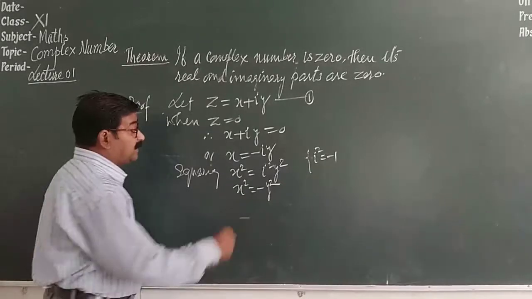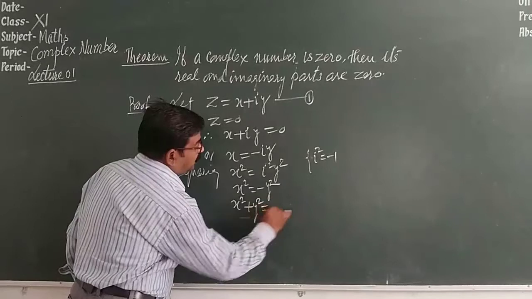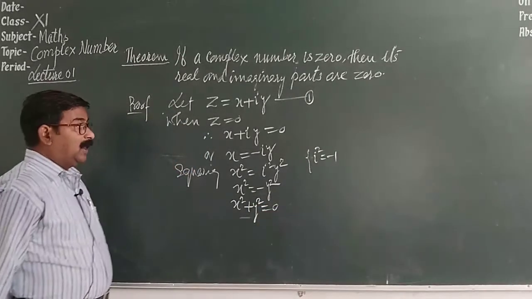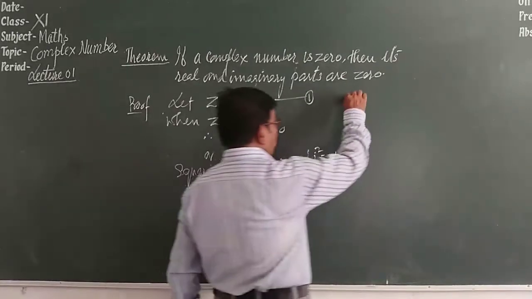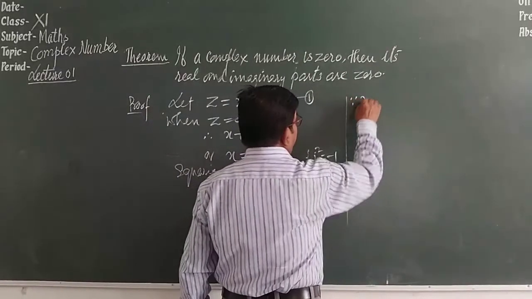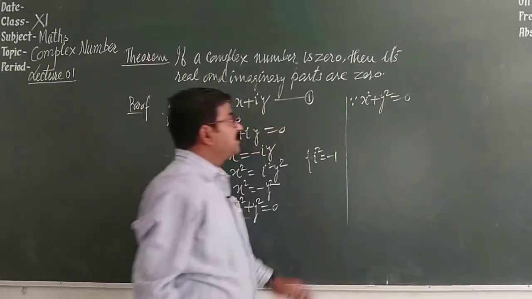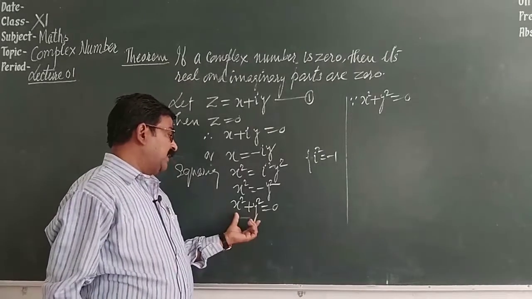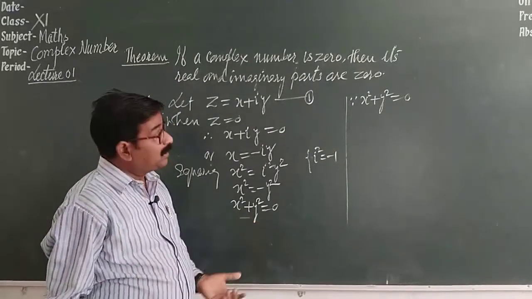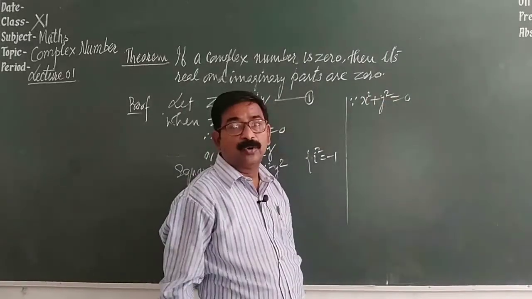Bring this y this side, so we have x square plus y square is equal to 0. Since x square plus y square is equal to 0, it is possible only when both x and y are 0. Otherwise, a square of any two real numbers is never 0.